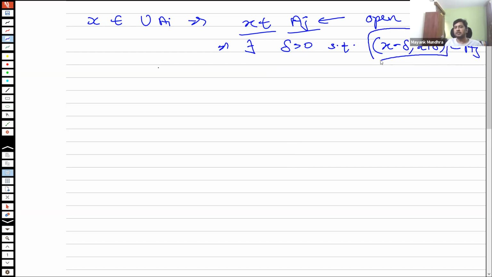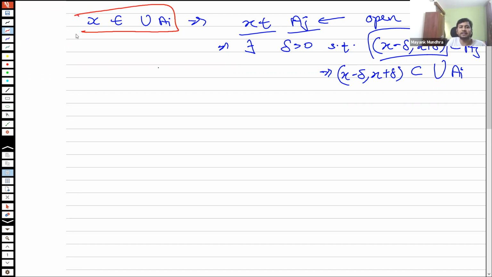Now since this interval is a subset of A_j, it should be a subset of the union of all A_i, because if it is a subset of one of the sets, it must be a subset of the collection of all the sets as well.